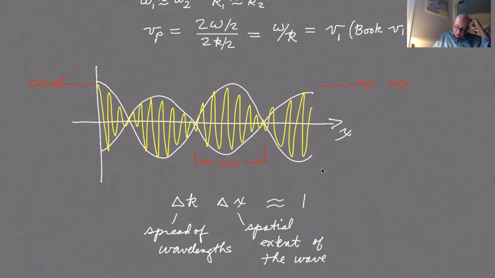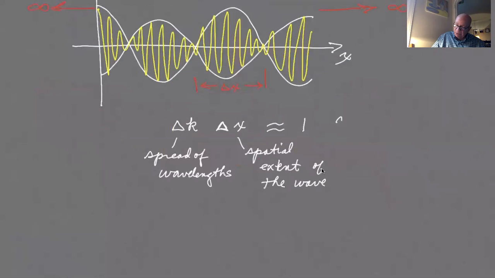The spread in wavelengths times the spread in the spatial extent is approximately equal to 1. It's reciprocal.